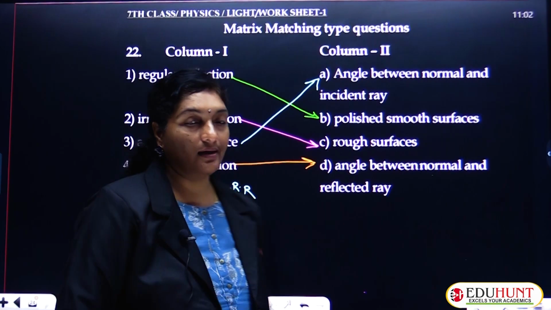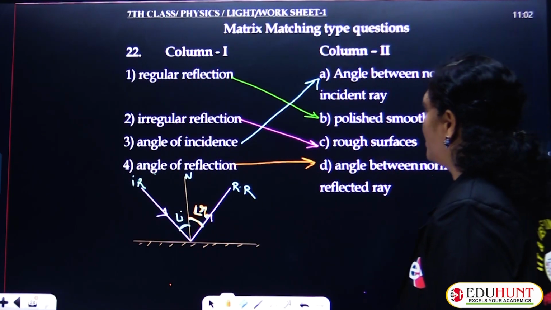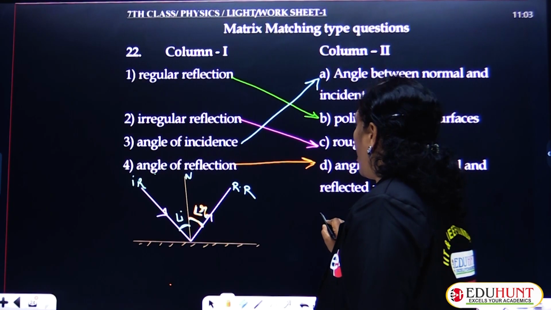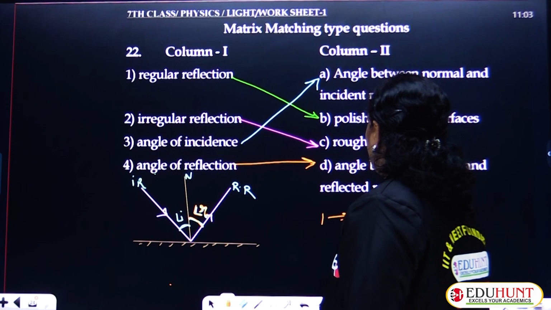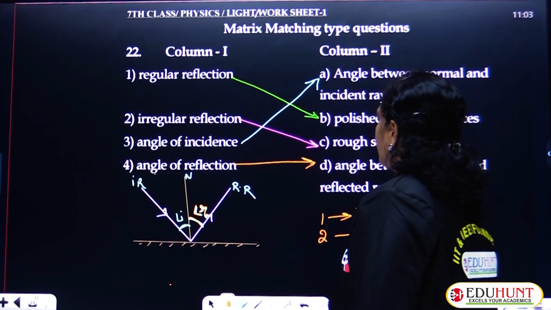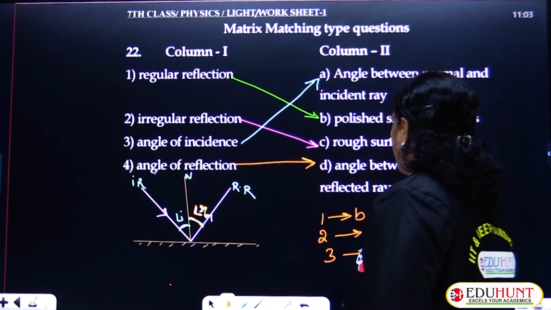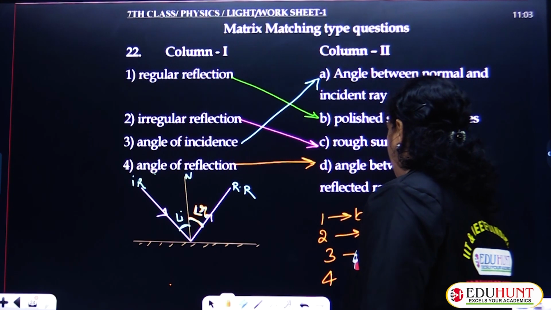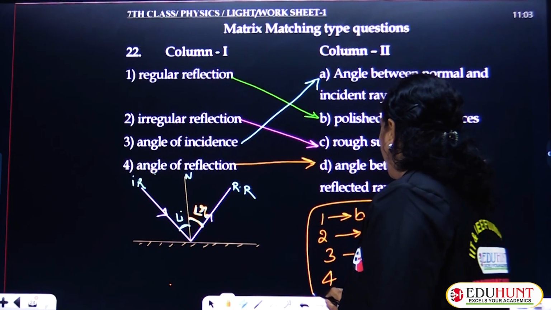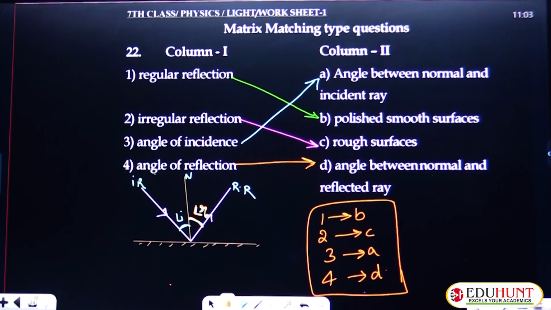Clearly, from the above matching we identified that the first option goes with B, the second matches with C, the third matches with A and the last, fourth, matches with D. Hence B, C, A, D is the correct format.